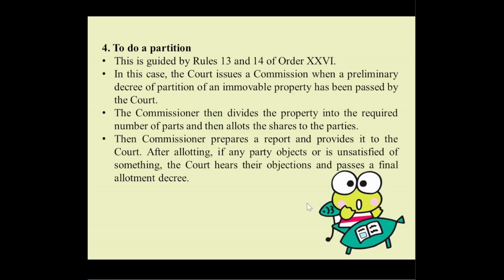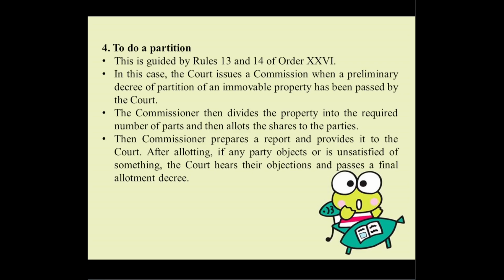So the fourth purpose for which a commission may be issued by the court is to make a partition between the parties. This is guided by Rule 13 and Rule 14 of Order 26. In this case, the court issues a commission when a preliminary decree of partition of an immovable property has been passed by the court.